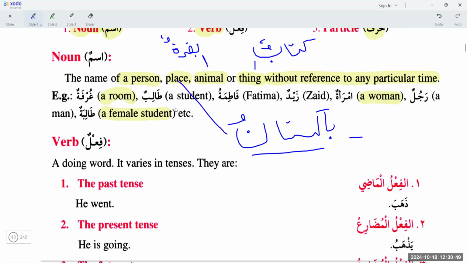Place is Pakistan, and person, Fatima is a person. And Talibun is also a kind of ism. The classification of the ism we will learn later.